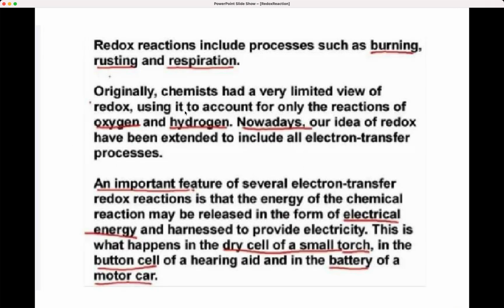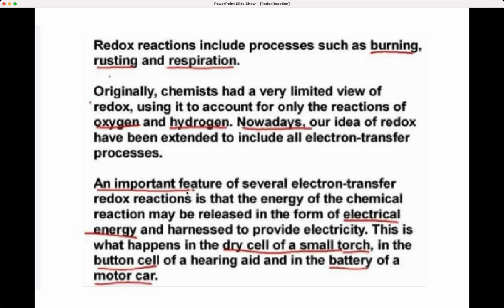Now we already said that redox reactions include burning, rusting, respiration and all that, and initially chemists didn't have much idea about these reactions, and what is happening in the reaction of oxygen, hydrogen and all that.